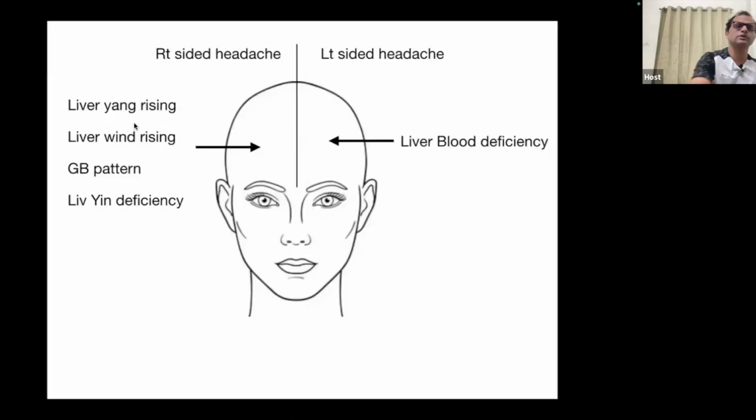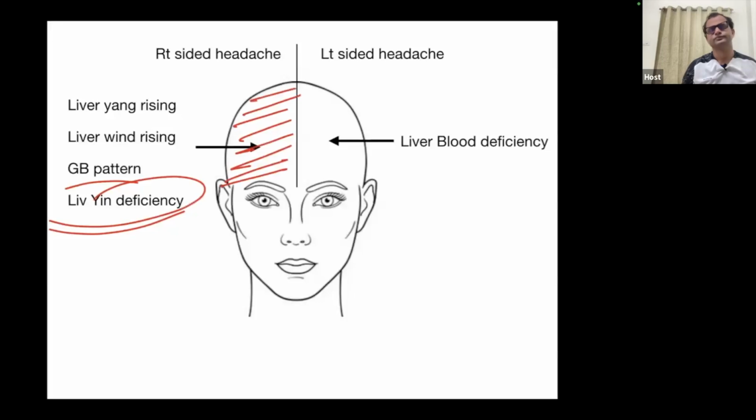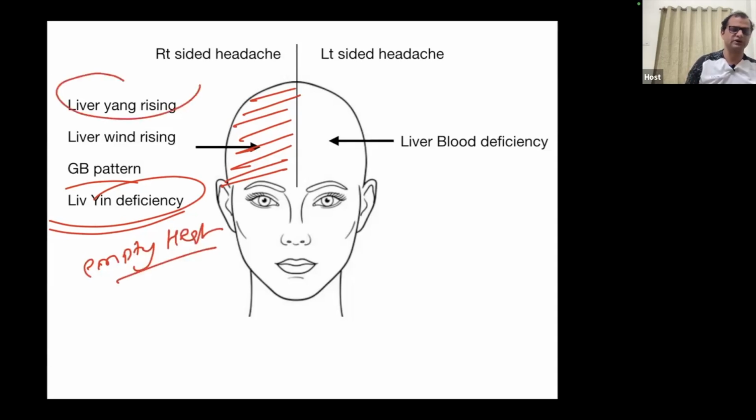We can see the liver yin deficiency creating pain on the right side. Sometimes due to the liver yin deficiency, there is an empty heat appearing. Then it's doing the liver yang rising. That is also the right side.